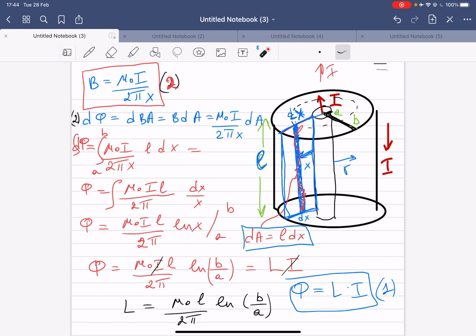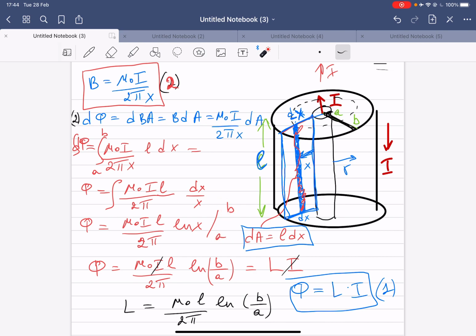The limits will be from a to b, because the radii are given, and after working this out you will get mu naught I L over 2 pi times the integral of dx over x, and the integral of dx over x gives you ln x, with limits b and a.